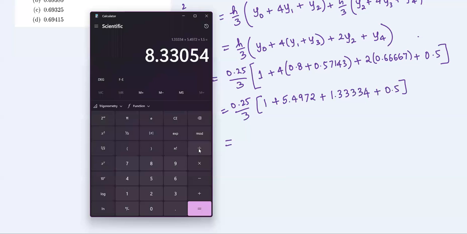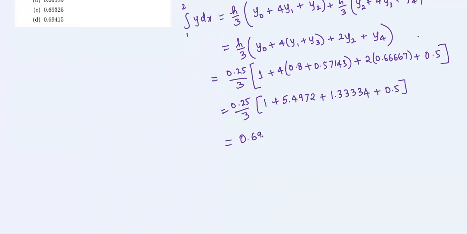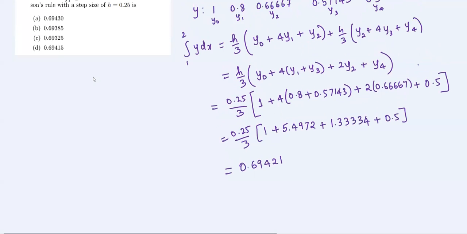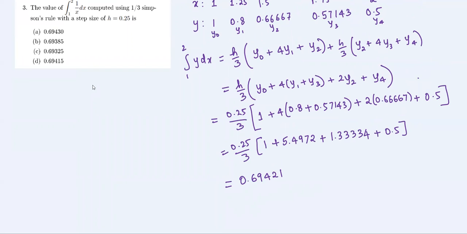Divide this by 3 and multiply it with 0.25. So we get 0.69421.